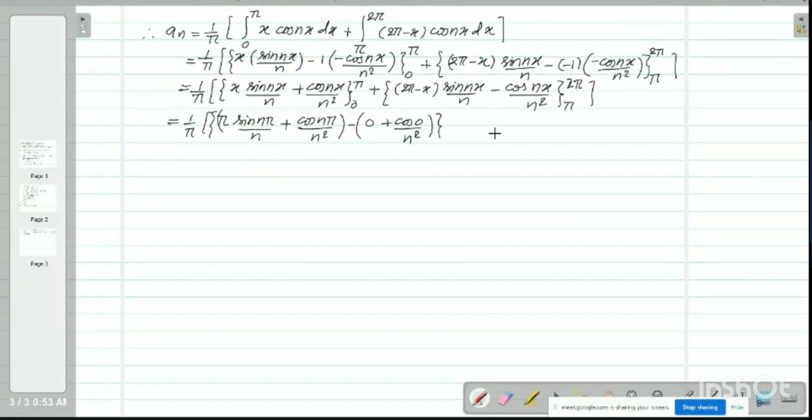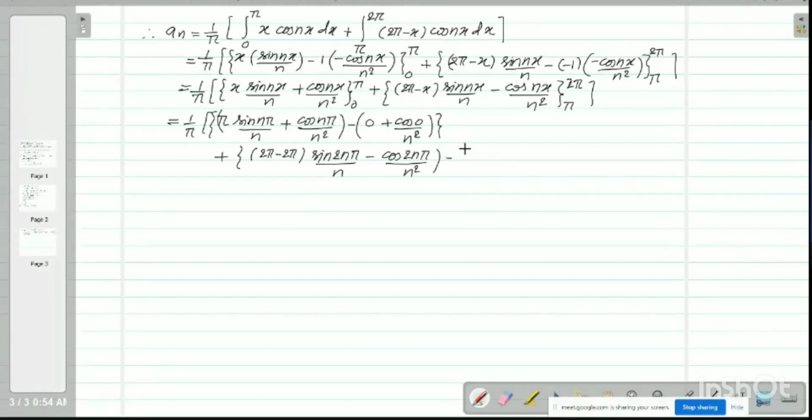Below we write the second term, plus 2 pi minus the upper limit 2 pi, and sine 2n pi by n minus cos 2n pi by n square.